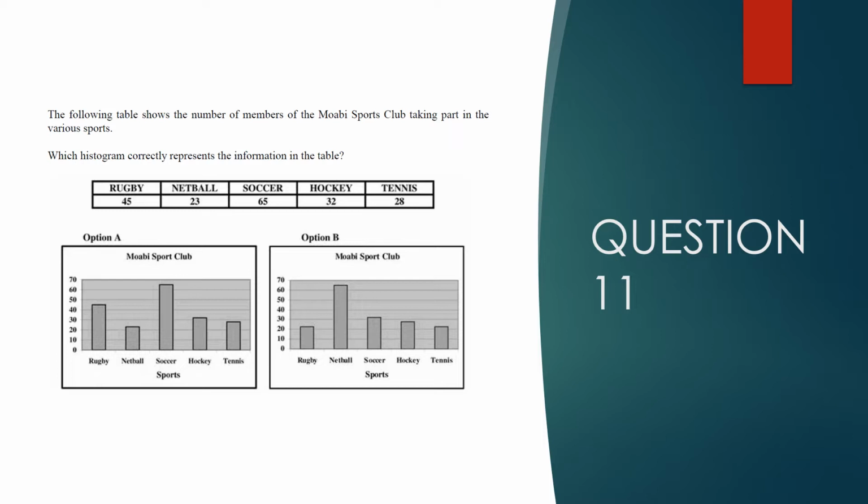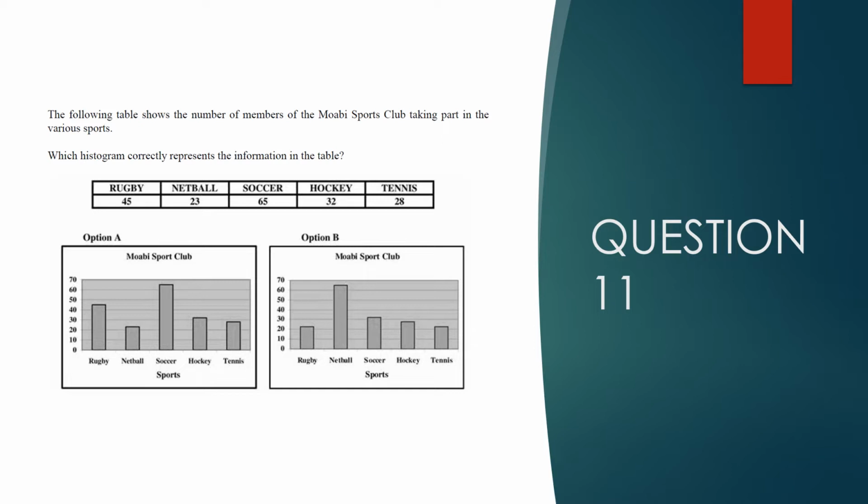Okay, so question 11 reads as follows. The following table shows the number of members of the Mobi Sport Club that take part in the various sports. The question says, which histogram correctly represents the information in the table?